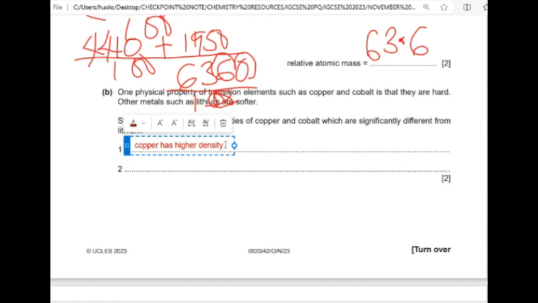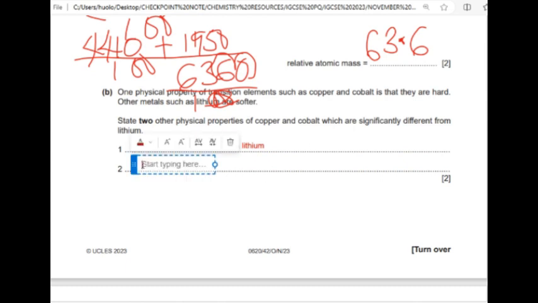You could include higher density than lithium. So that's density. Then we can also think in terms of melting point and boiling point.